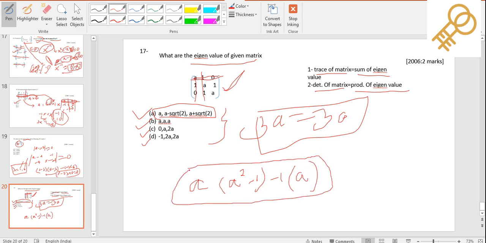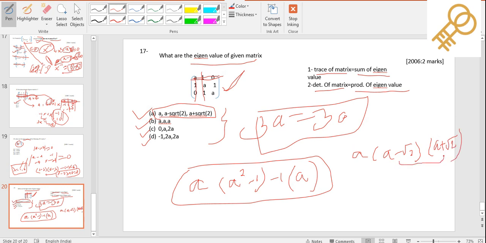This you will get. Now if you find the product of the eigenvalues, multiplying all three, you will get a into a minus square root of 2 into a plus square root of 2.